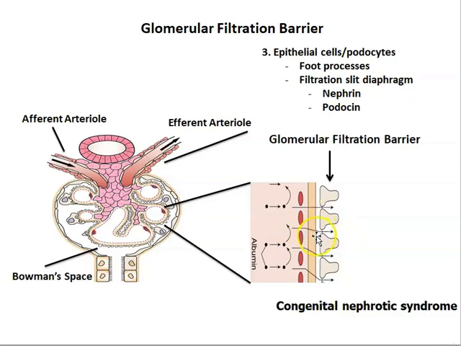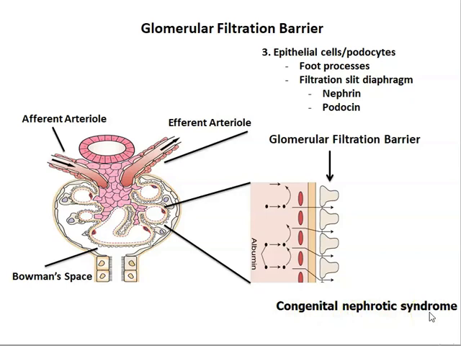This filtration slit diaphragm consists of types of protein such as nephrin and podocin. These proteins have a significant importance, especially in terms of diseases such as congenital nephrotic syndrome.